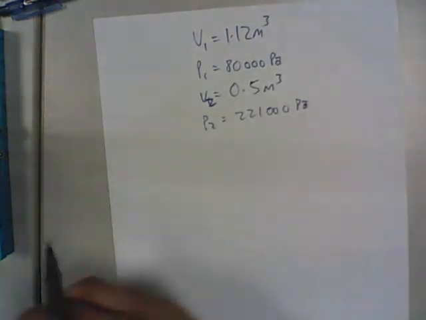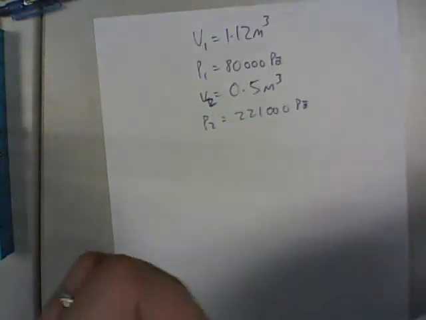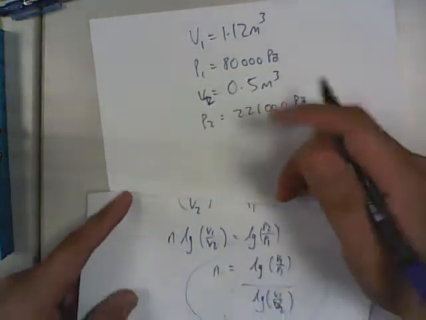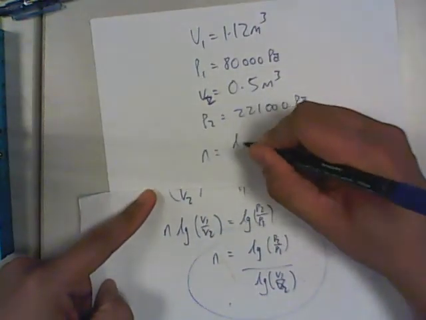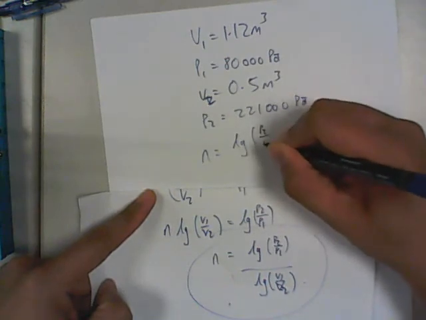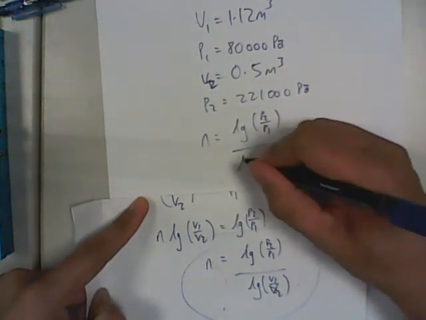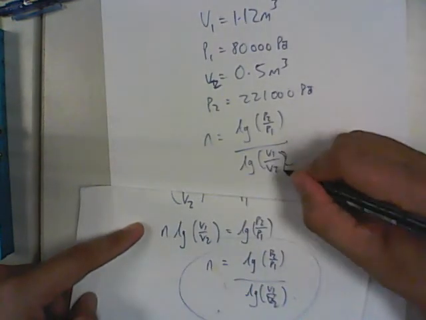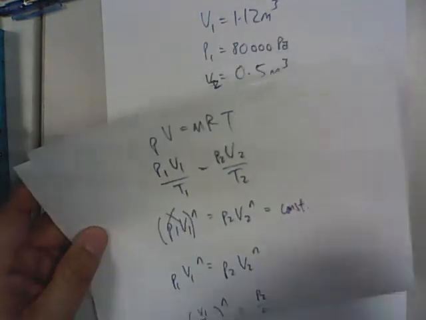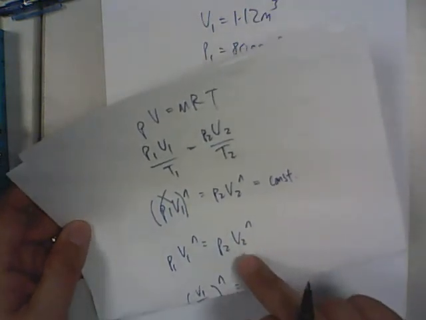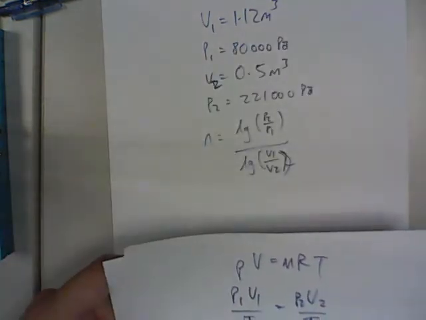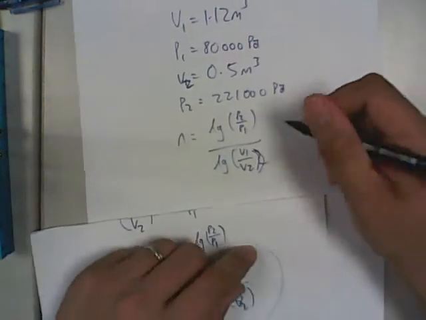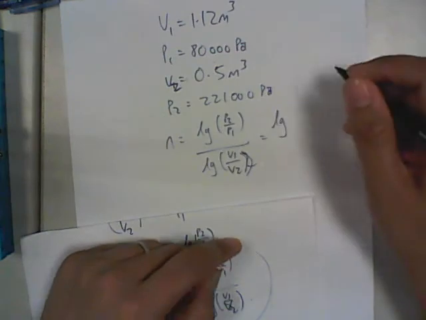Just now we managed to get this formulation. So it would just be log of P2 over P1 over log of V1 over V2. Yes, correct. So you just plug in your numbers.